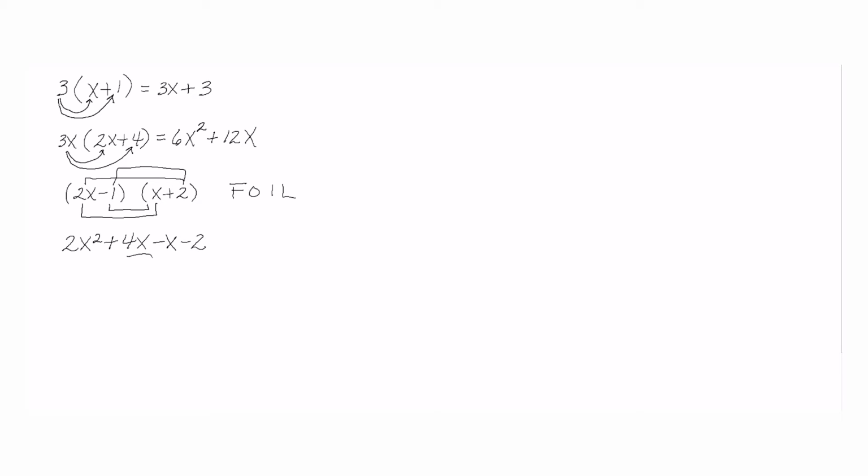And we're going to combine the like terms here in the middle, so we're going to have 2x squared plus 3x minus 2. So let's try another one. So when we do the first, x times x gives us x squared.